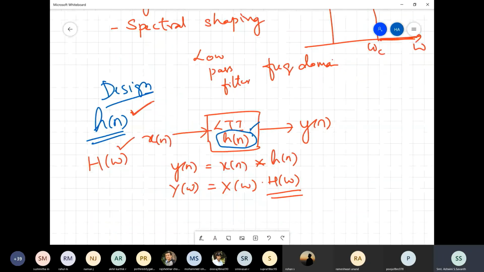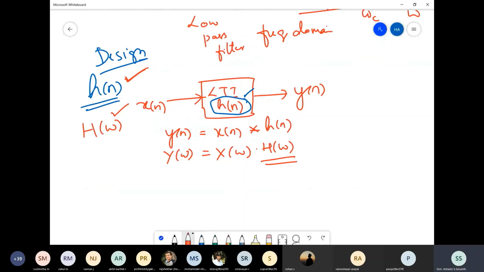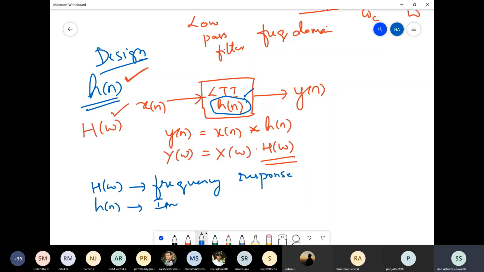Let me write it here. H of omega is called the frequency response of a system. H of n is the impulse response of a system.